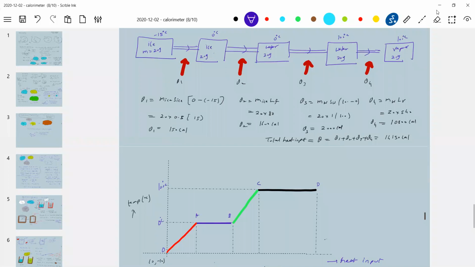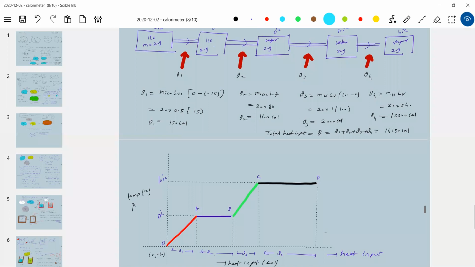So if I calculate the slope of that, what do we get? This is Q1, this is Q2, this is Q3, this is Q4. If I calculate the slope, it will give dT by dQ. So what is the slope of OA equal to?